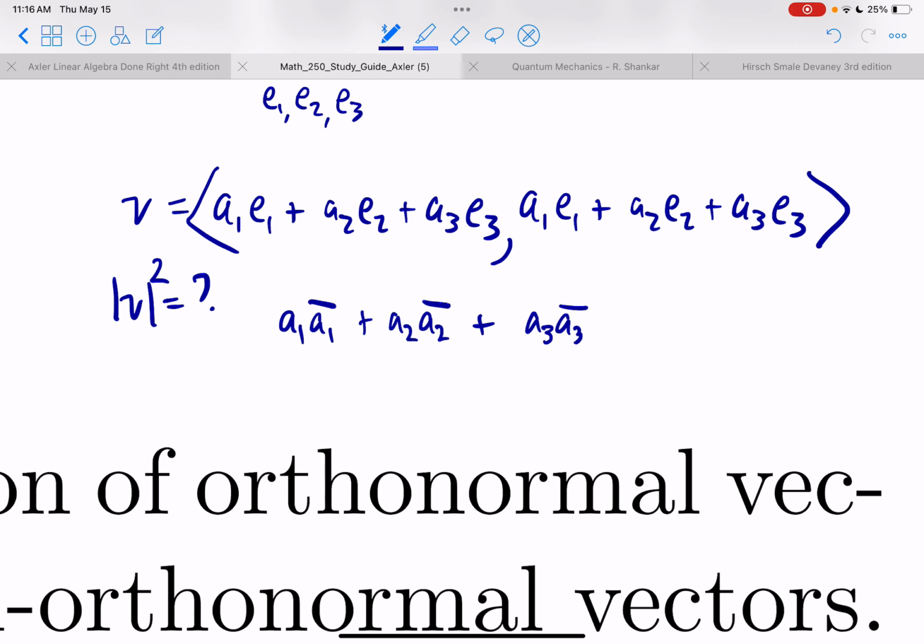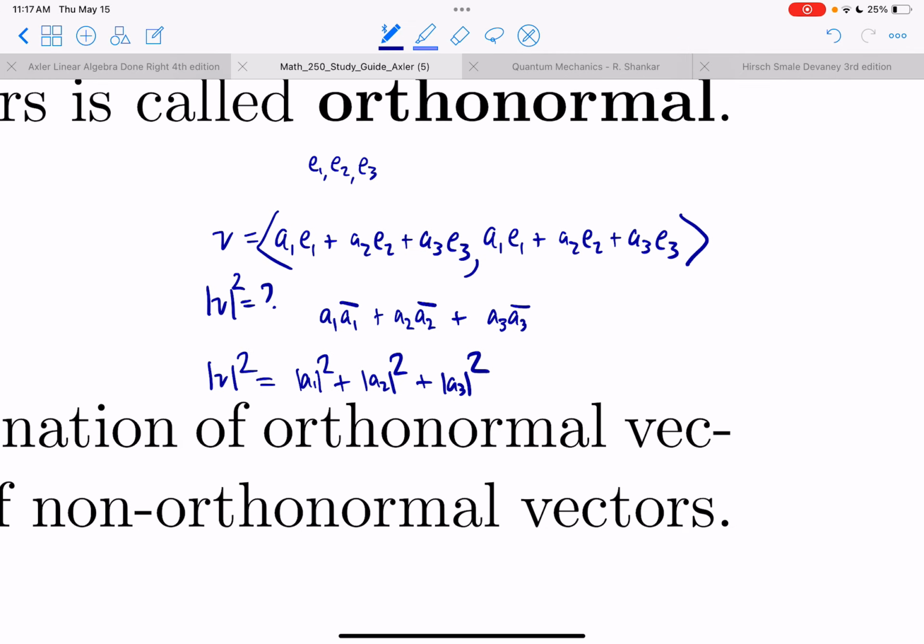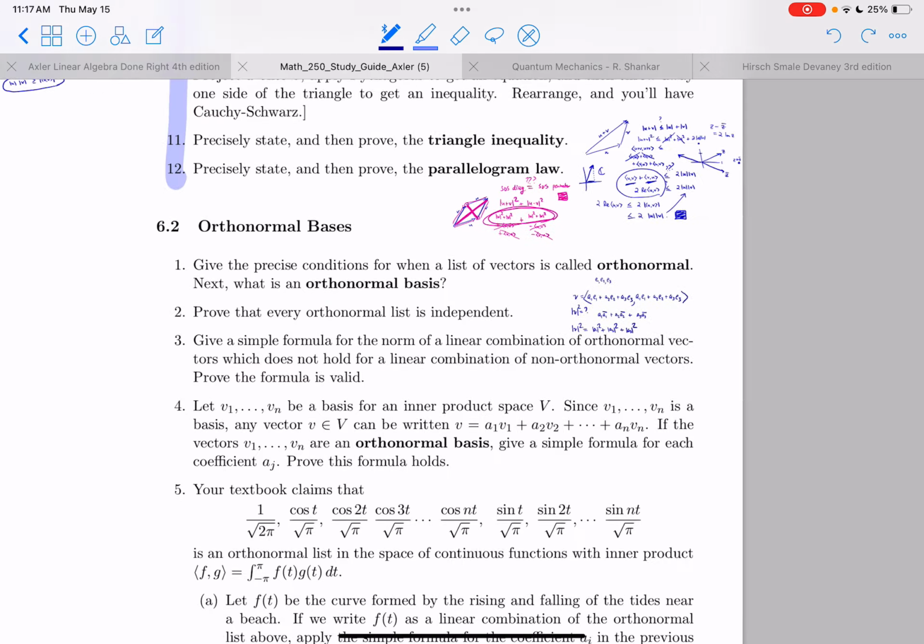So that means that the norm of v squared is just the sum of the squared magnitudes of the complex number coefficients. Or real number coefficients, then you don't need these bars or anything. So that's the formula, and we proved that it works just by computing this.